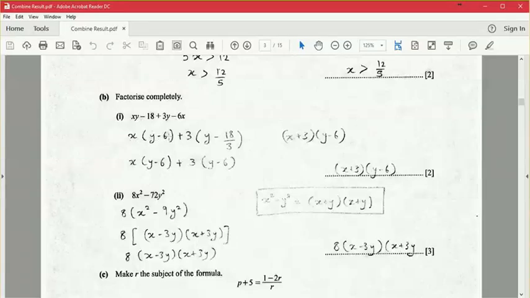And for the ones in the middle, negative 18 plus 3y, we'll take 3 as a common factor, and in brackets y minus 6, because we took 3 as a common factor. So they are similar, y minus 6 here and y minus 6 here, so we'll put them in the same bracket, and x plus 3.